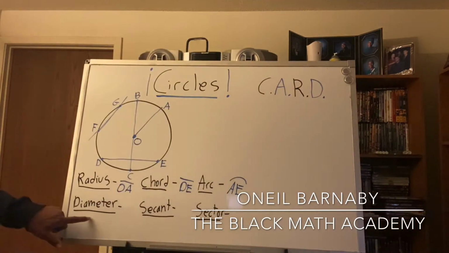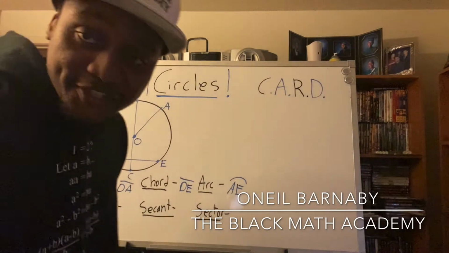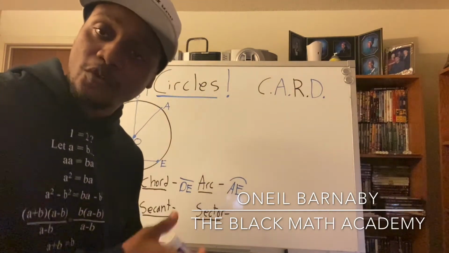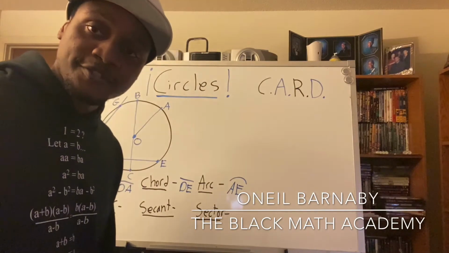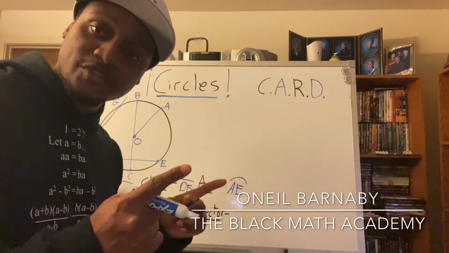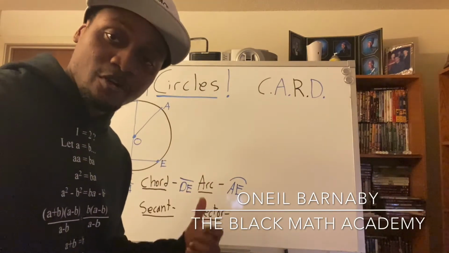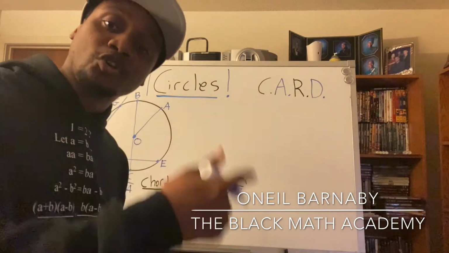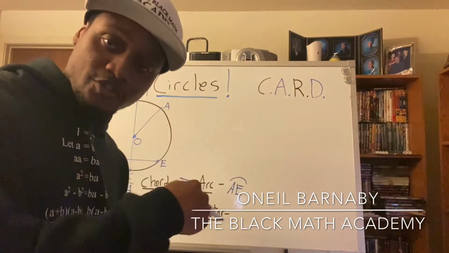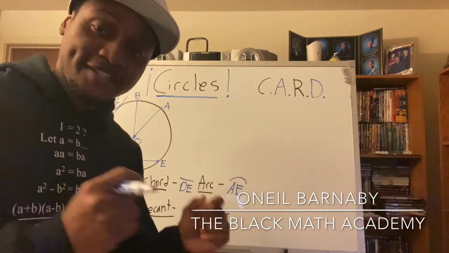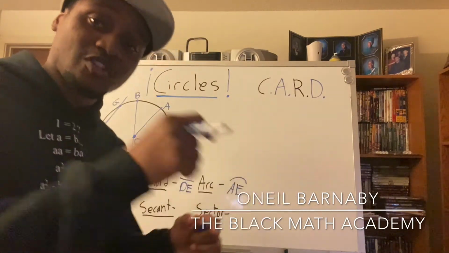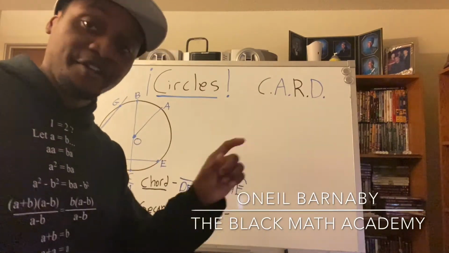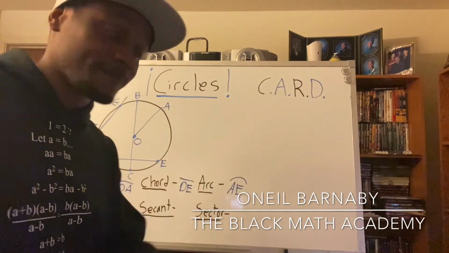All right. A diameter is actually a special kind of chord. Remember, a chord is a line that connects 2 edges of a circle. A diameter is also the same thing. It connects 2 edges of a circle, but also goes through the center of that circle. So by definition, a diameter is a chord. It's just a special kind of chord, but not every chord is a diameter.